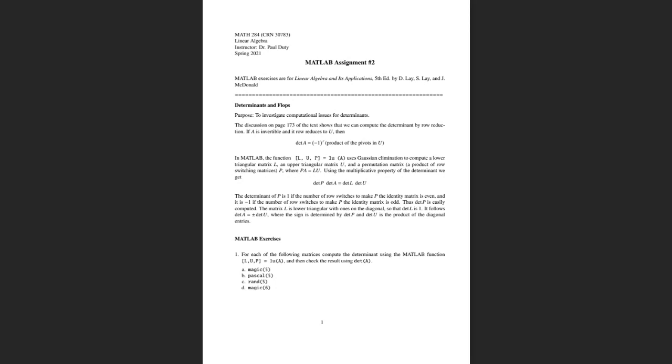All right, so this, of course, is the formula for finding the determinant of A that you learned in section 3.2, properties of determinants. The LU factorization that you're used to seeing is A equals L times U, right?